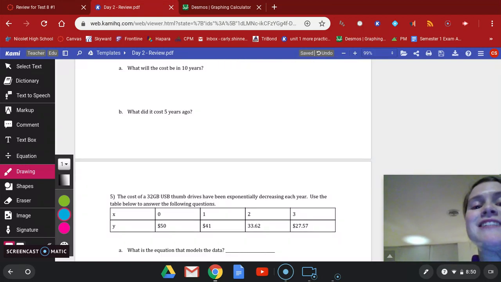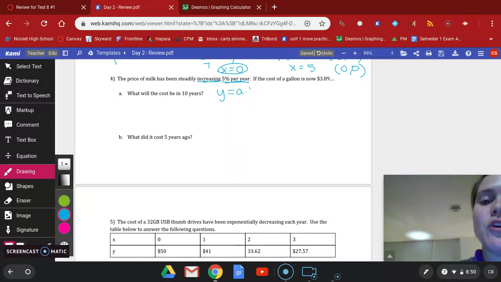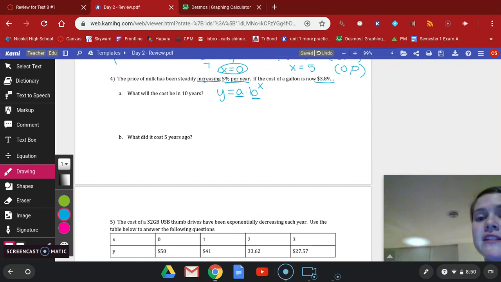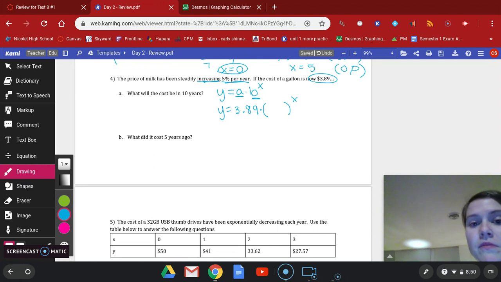I think exponential. So I'm going to write down my exponential equation right away, where A is my start and B is my multiplier. It tells us the price is currently $3.89, so that would be my starter, my A value. And I just need to figure out what is my multiplier.